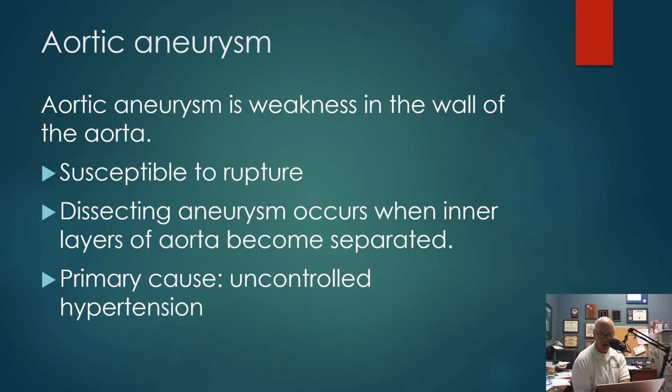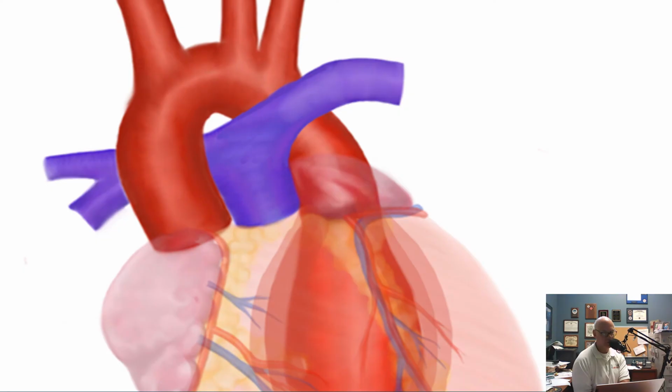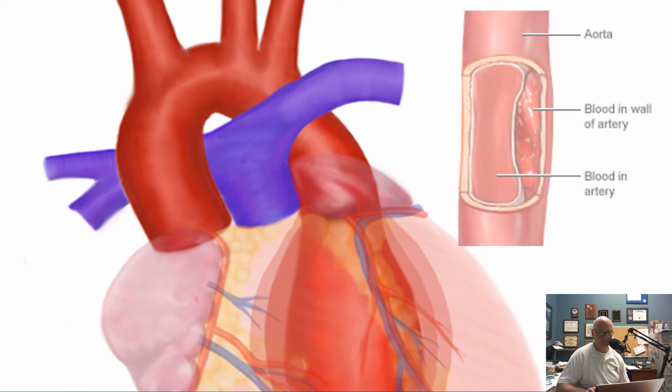The primary cause or the risk factor that you'd be looking for is going to be hypertension. When we have a picture here, that's the aortic arch coming off the top of the heart, off the left ventricle.